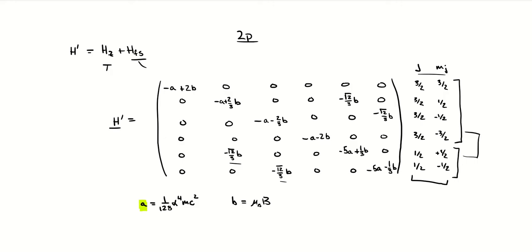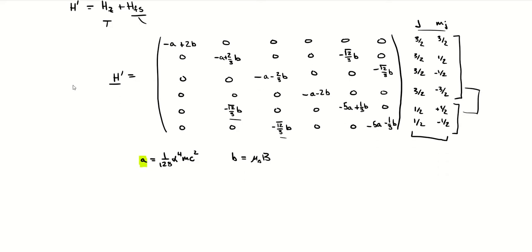So we have to go through the full degenerate perturbation theory and diagonalize this full matrix, which is, well, let's be honest, a 6x6 matrix. It can be a bit tedious, but it is doable.